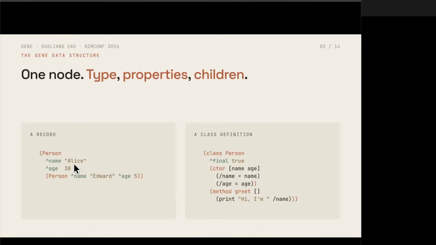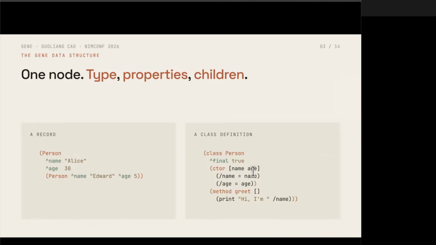Then you have a list of properties, a person's name and age. Inside, you can also have a list of children of the person. Here Alice has a son called Edward, 5 years old. You can have more than one child here.